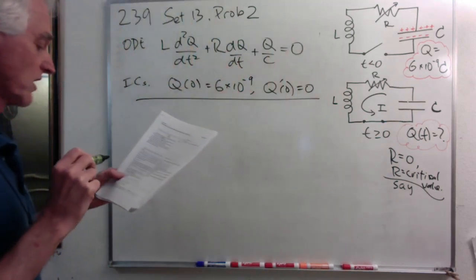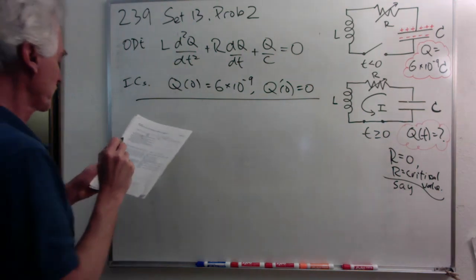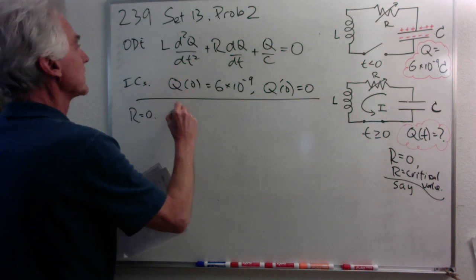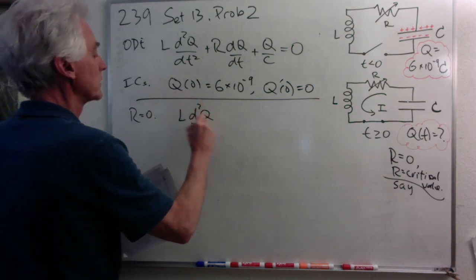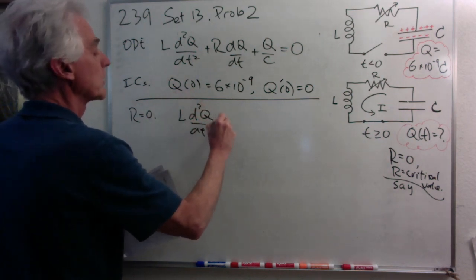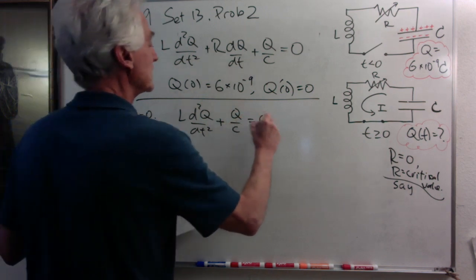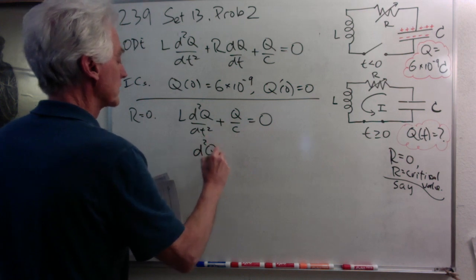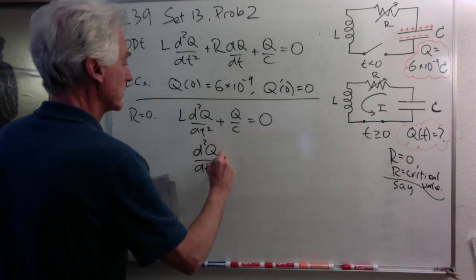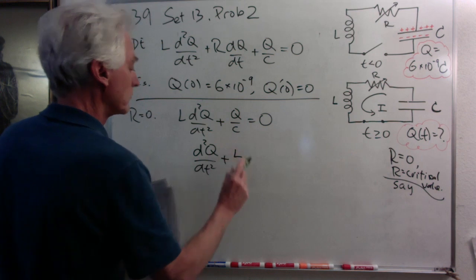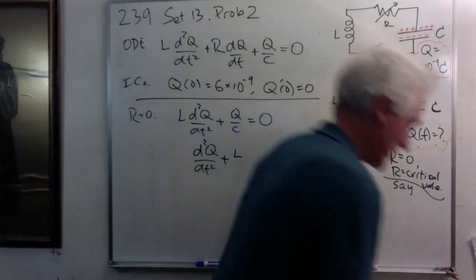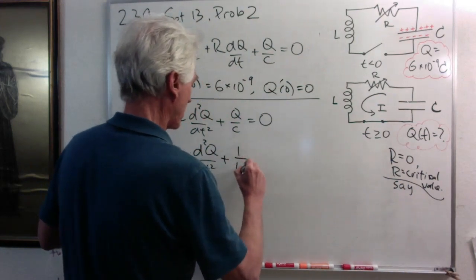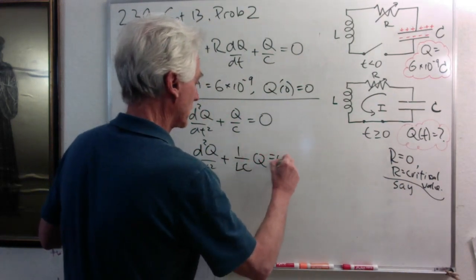Okay, so we solve first for R equals 0. Well, that means that L d squared q/dt squared plus q over C is 0, or d squared q/dt squared plus, I'm dividing by L, plus 1 over LC q is 0.